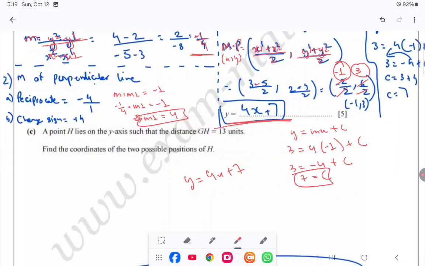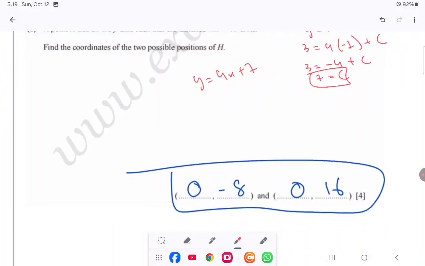For part C, a point H lies on the y-axis such that the distance GH is 13 units, and we must find the coordinates of the two possible positions of H. For the two possible positions, the answer will be two points.